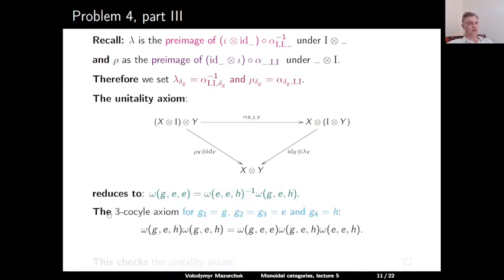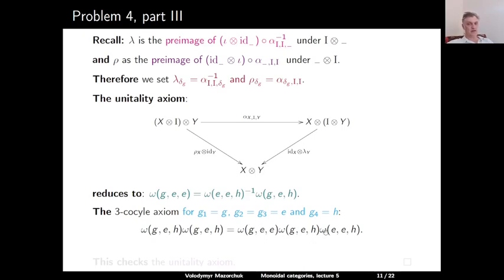To get this equation, we look at the three-cocycle axiom for the following choice of G1, G2, G3, and G4. We take G1 to be equal to G, G2 and G3 to be equal to the identity, and G4 to be equal to H. Then the three-cocycle axiom gives that omega at G, E, H times omega at G, E, H should be equal to omega at G, E, E times omega at G, E, H times omega at E, E, H. On both sides, we have this additional factor of omega GEH, which we just delete because we are in a group.